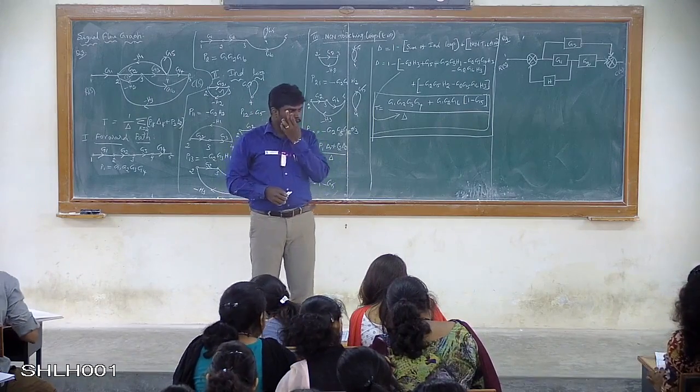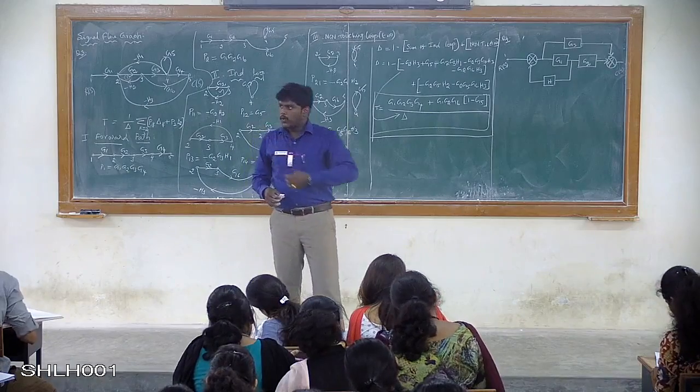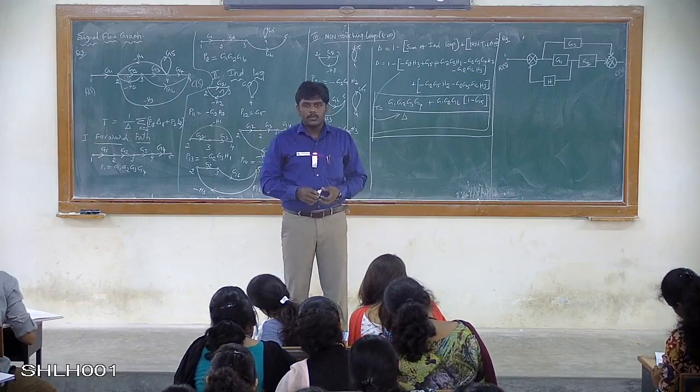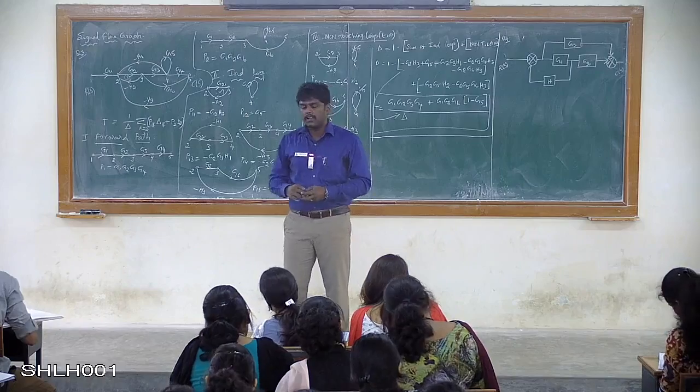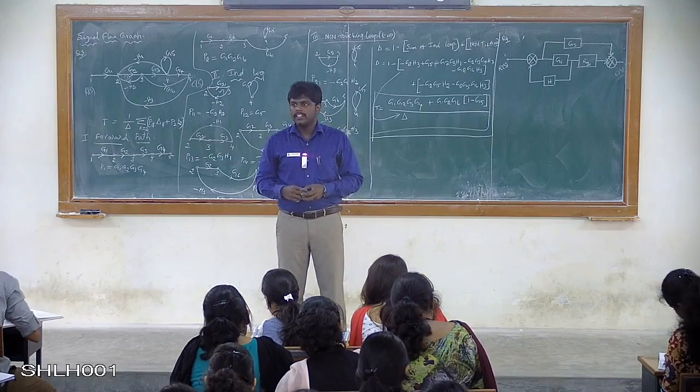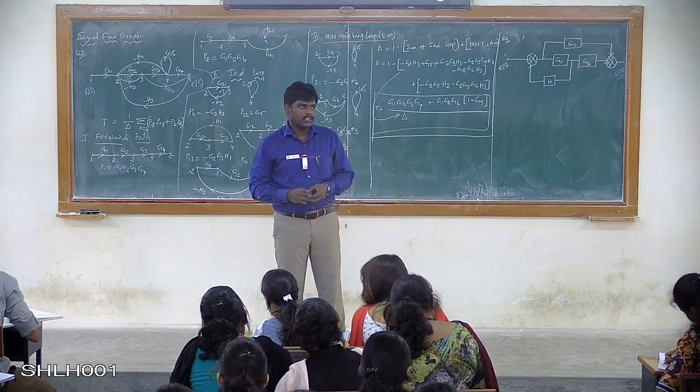The question is: convert the block diagram into a signal flow graph, use Mason's gain formula to find the overall transfer function of the system.